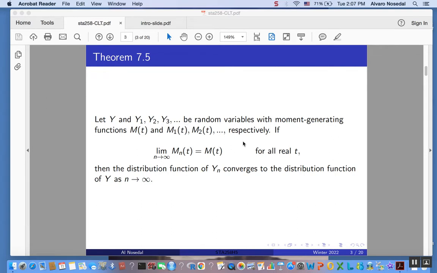So that's exactly what we are going to be doing here. We're going to be using MGFs to show that the limiting distribution of a sequence is normal. Okay?